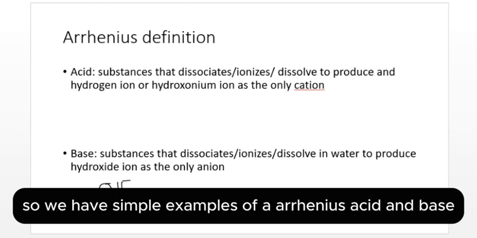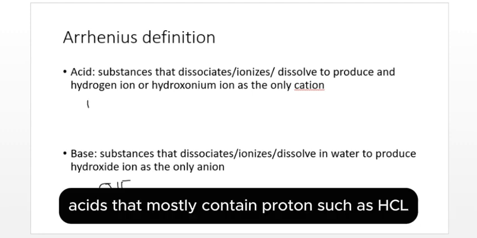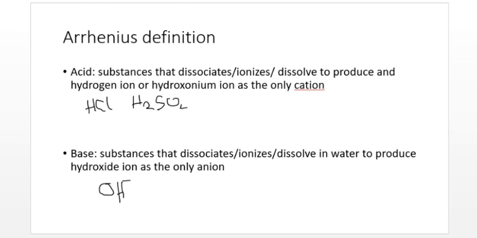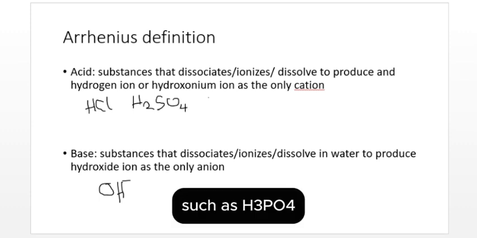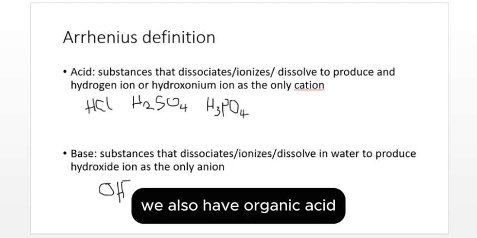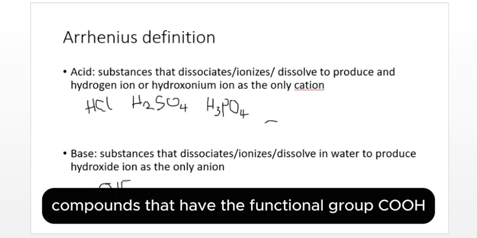So we have simple examples of Arrhenius acid and base. Acids mostly contain protons, such as HCl, H2SO4, and H3PO4. All these are acids. We also have organic acids, compounds that have the functional group COOH.